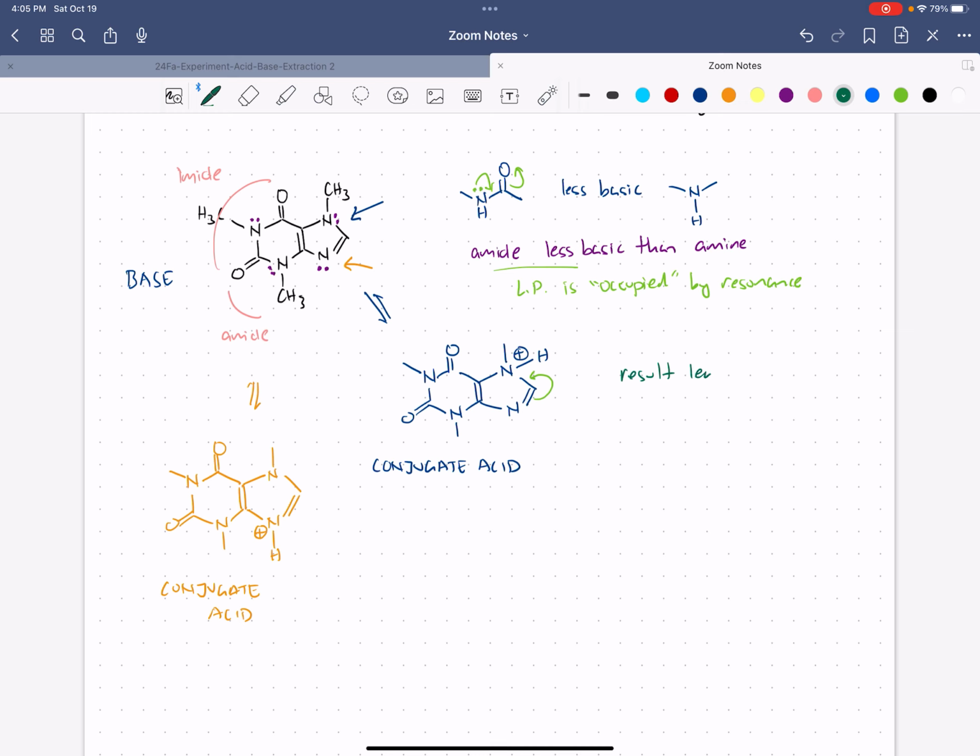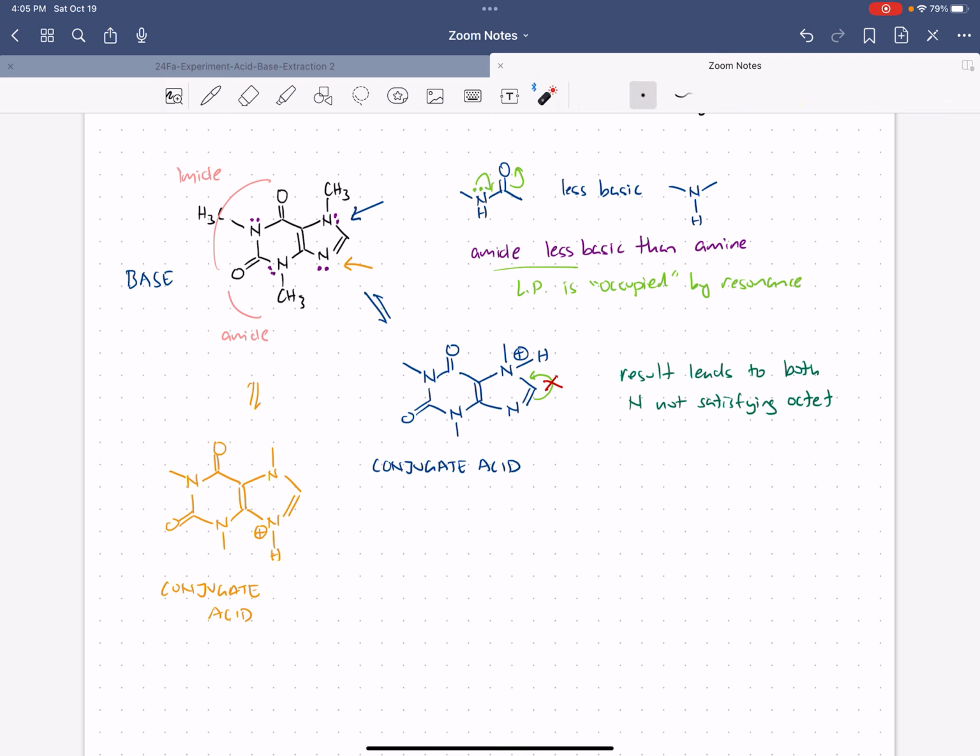Result leads to nitrogen, both nitrogens actually, not satisfying octet. Right now, this arrow is no good, and I can't think of a way to get a new resonance structure that will help stabilize this charge.